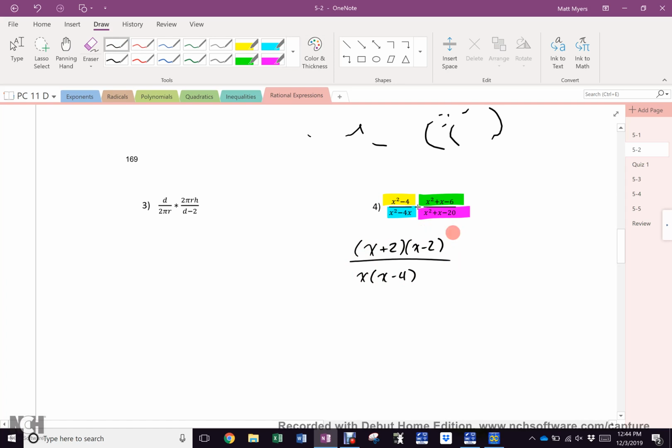So what happens to the divided by? It becomes times. Where does purple go? Up. So what's going here? Up top. What's going here? Factor it. And where's green guy going? What's he going to be?